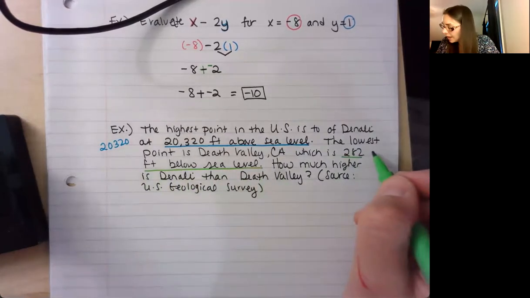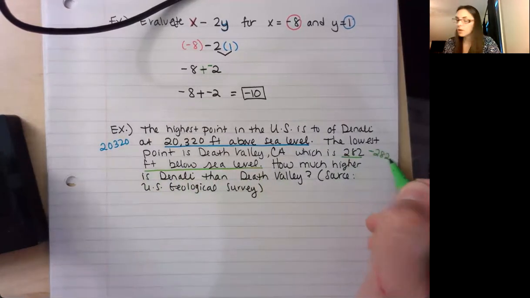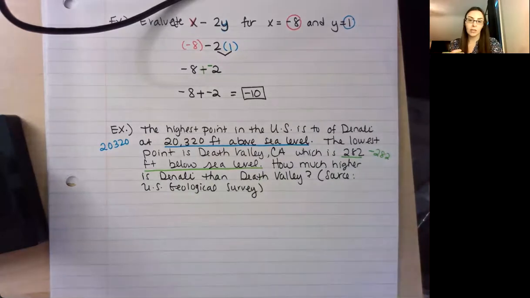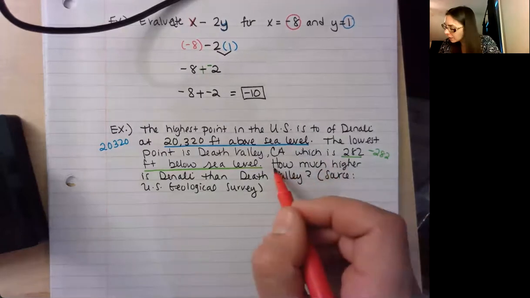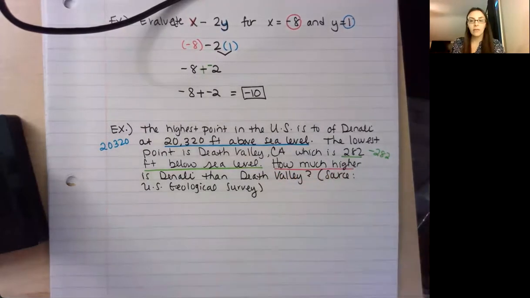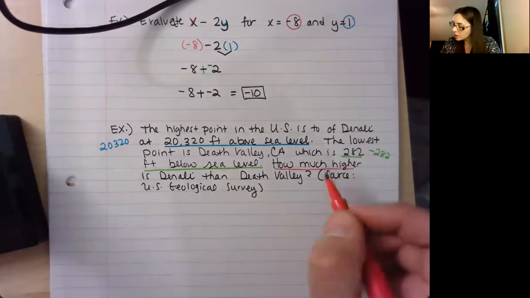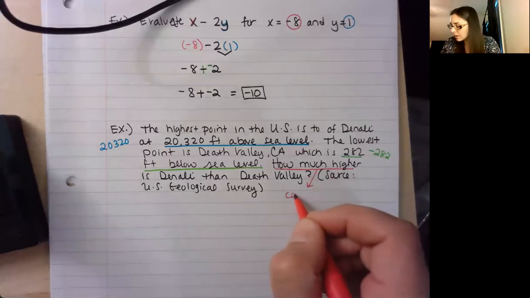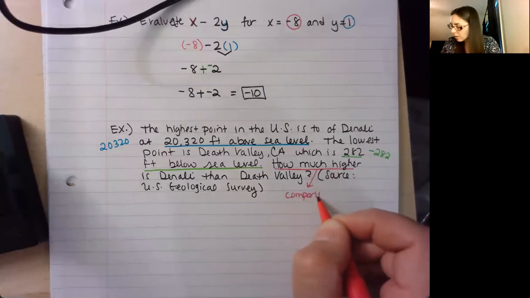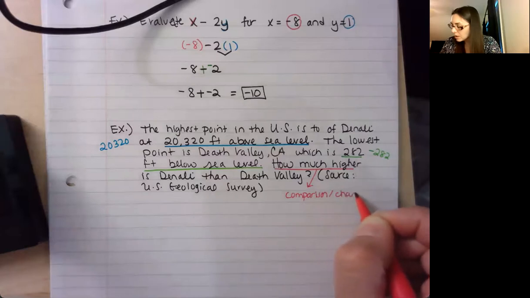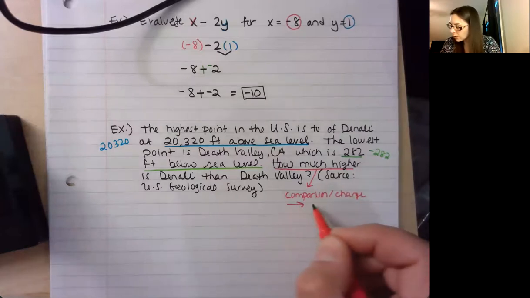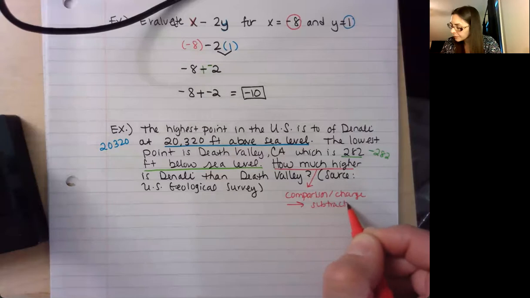So that would be the value of -282 feet, right? Because it's below sea level. And our question is, how much higher is Denali than Death Valley? So how much higher? This is a comparison question, right? Or a change question. So this question is a subtraction problem.